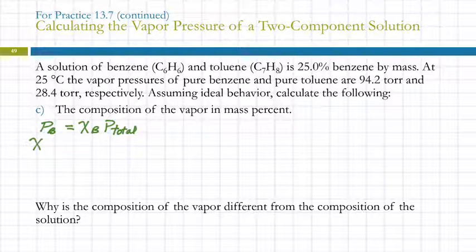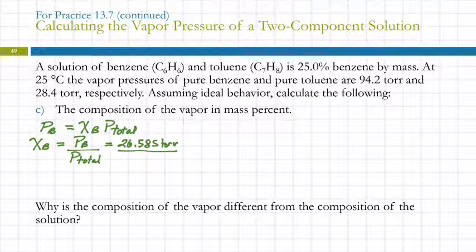So the mole fraction of benzene is equal to the partial pressure of benzene divided by the total pressure. The partial pressure of benzene was 26.585 torr, and the total pressure was 46.970 torr.